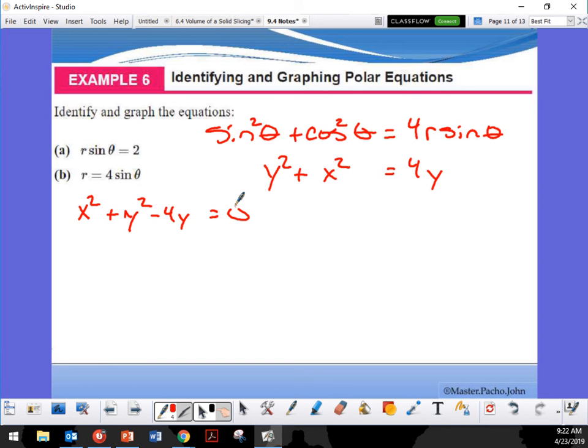So you're going to have x squared plus y squared minus 4y plus 4, because I'm adding 4 to this side, equals 4. I add 4 to both sides, and this right here is going to be a perfect square. So when it factors, it's going to be x squared plus y minus 2 squared equals 4.